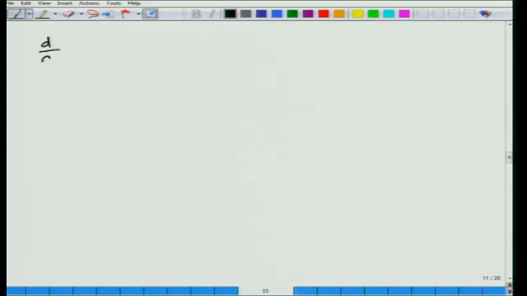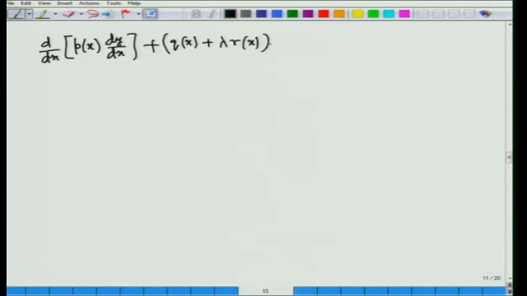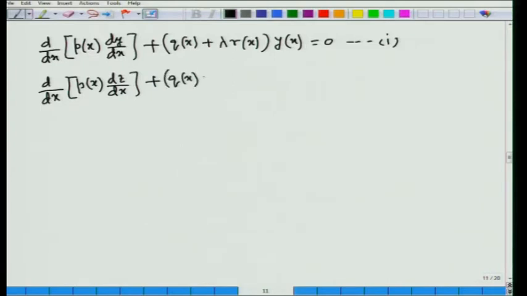So, that means d/dx of p(x) dy/dx plus [q(x) plus lambda r(x)] times y(x) is equal to 0, call it 1, and d/dx of p(x) dz/dx plus [q(x) plus mu r(x)] multiplied by z(x) is equal to 0, call it 2.